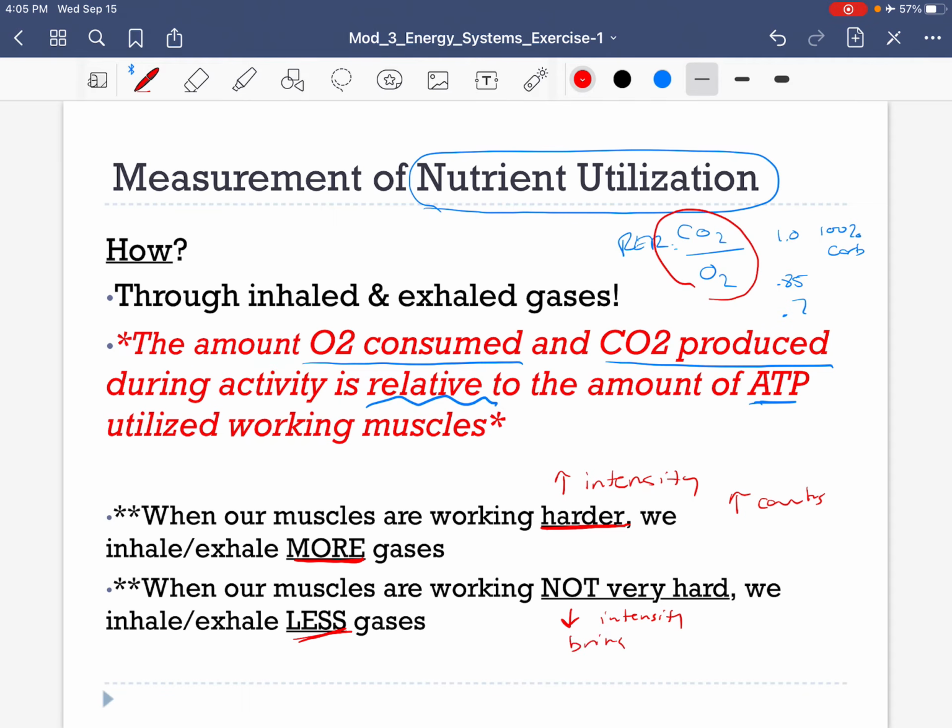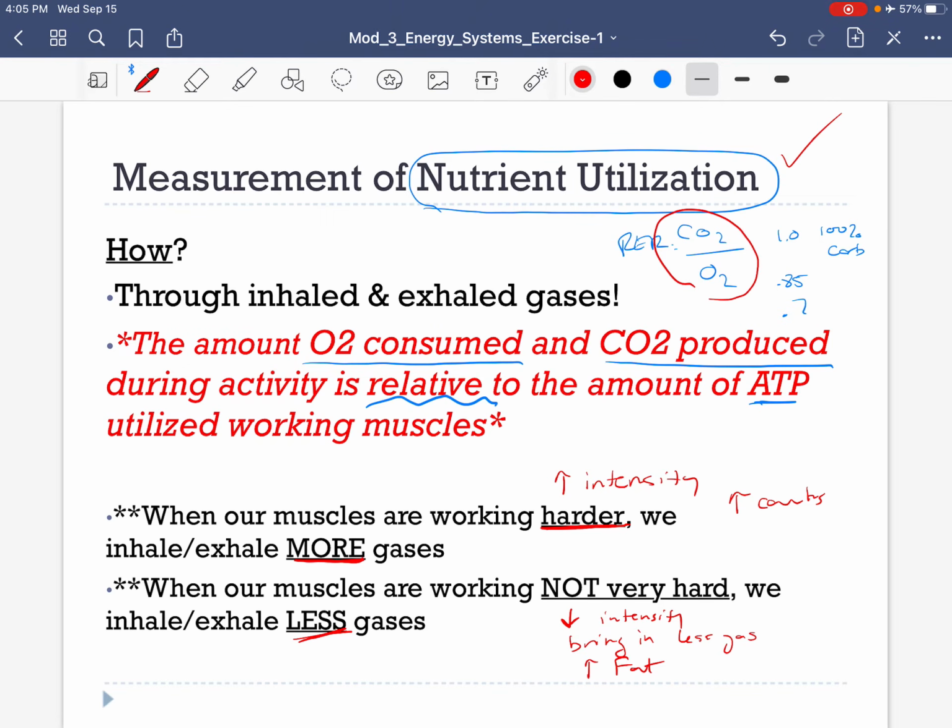We bring in less gas. We still have to bring in some, but we're burning more fat. So I basically already said this. You don't have to know that specific thing. All I'm saying is that we're able to determine what our muscles are burning for energy through using gas exchange, because that's related to what our muscles are burning for energy in terms of a fuel source.